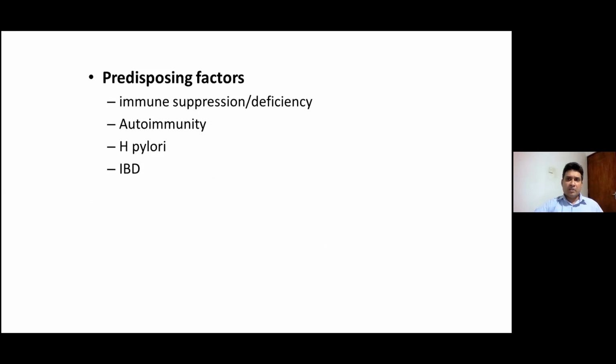There are a number of well-known predisposing factors, such as immune suppression or immune deficiency, autoimmune disease itself, as well as immune suppressive treatment given for autoimmune diseases. H. pylori infection and inflammatory bowel disease are also well-known predisposing factors for GI lymphomas.